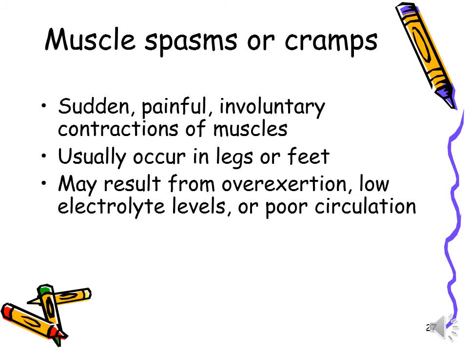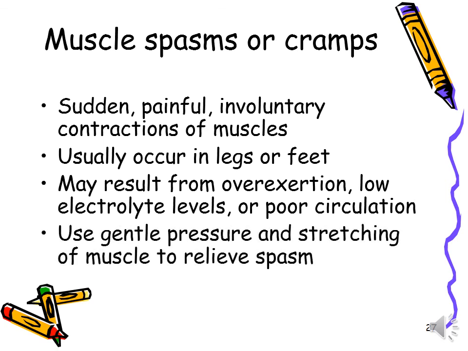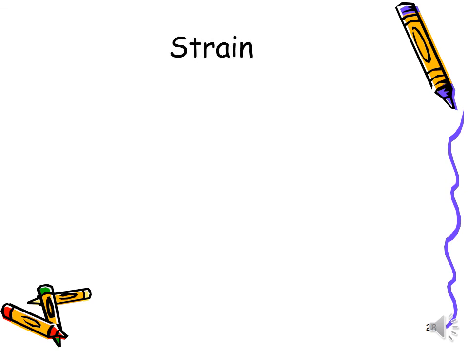This can also be due to poor circulation. So the way we treat it, we just have gentle pressure and stretching of that muscle to try to relieve that spasm. And also for muscle spasm, we're also going to make sure people are hydrated and make sure they have electrolytes.